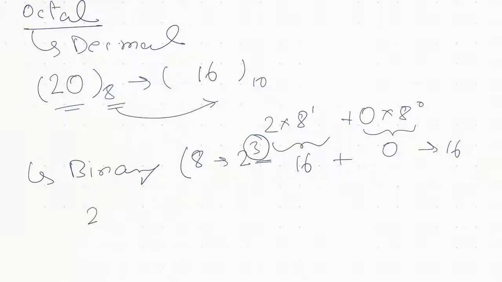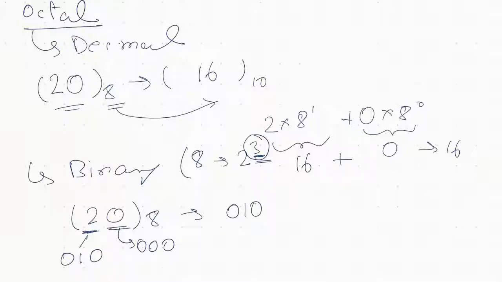If 20 is given in octal, the equivalent binary representation can be easily found using the equivalent representation of each digit in 3 bits. 0 in 3 bits will be 0, 0, 0, and 3 bits is the reason we are using this. In case of 2 it will be 0, 1, 0, right? So the equivalent binary representation will be 010 followed by 000. Also we can perform the division method that we did in the earlier cases, but this is easy.